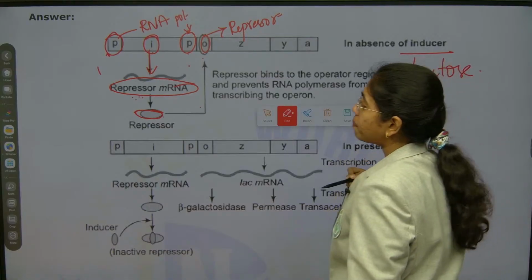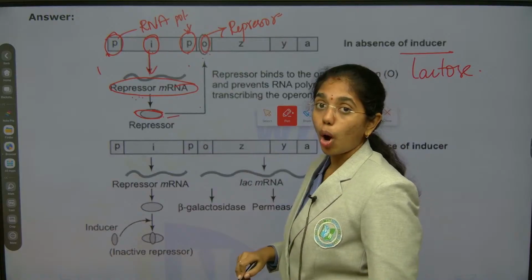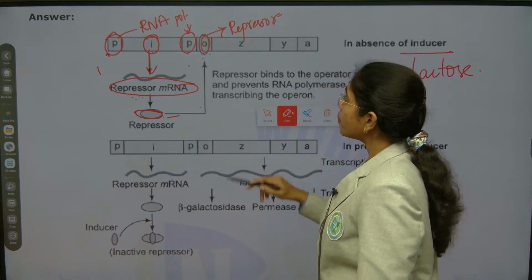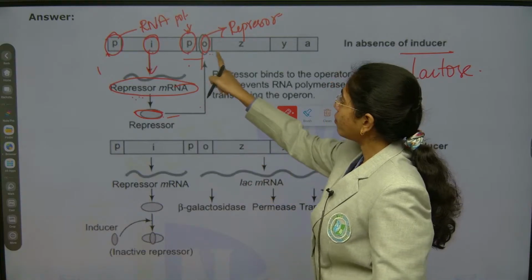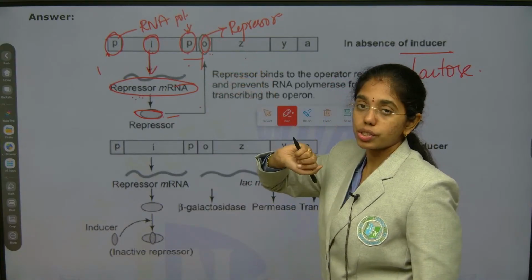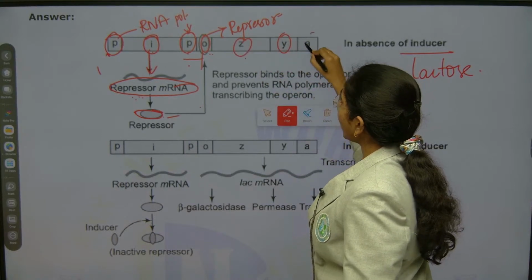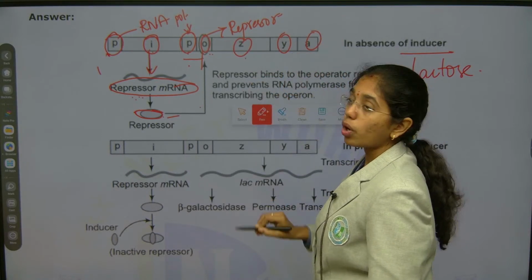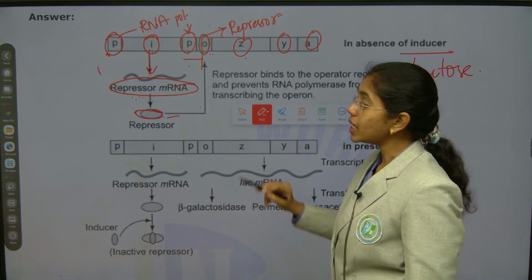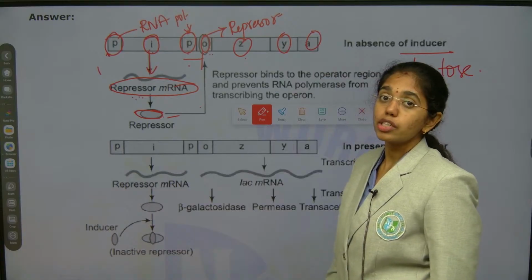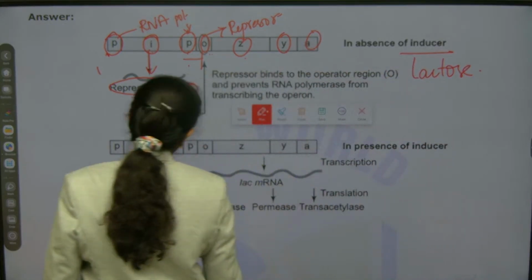In the absence of lactose, whenever the repressor is binding with the operator, this process will get completely inhibited. After the operator you have 3 structural genes we have discussed. Those are what? Z gene, Y gene and A gene. Z gene codes for beta galactosidase, Y gene codes for permease and A gene codes for transacetylase.